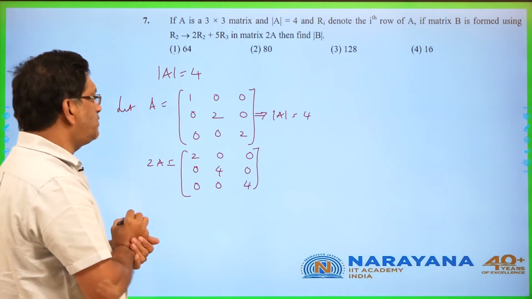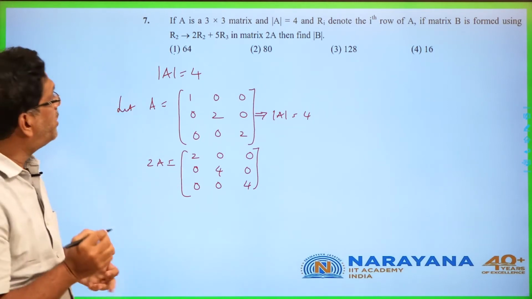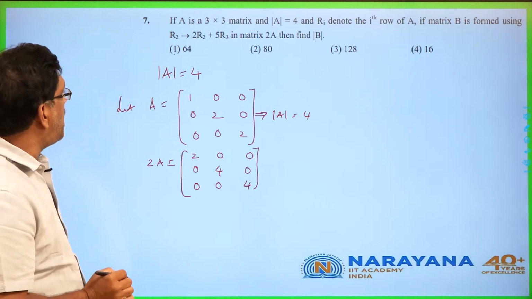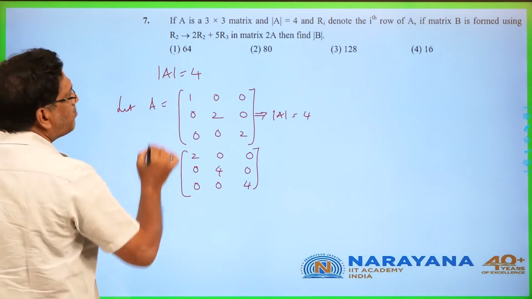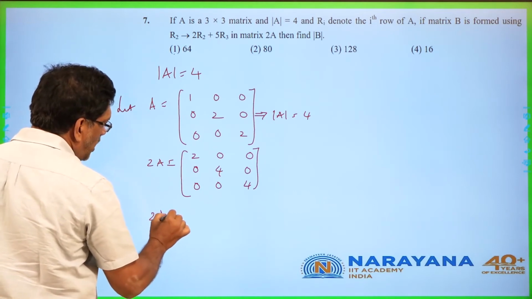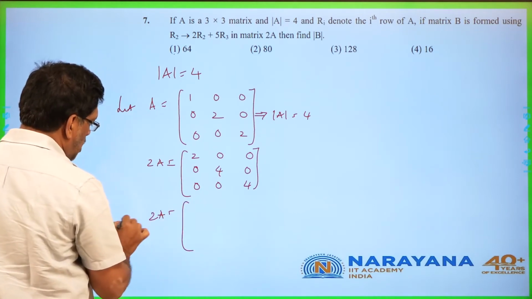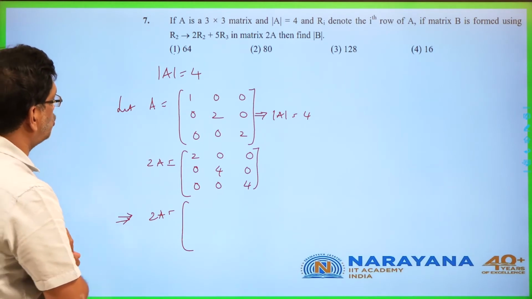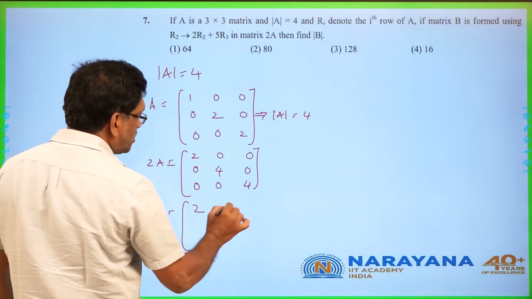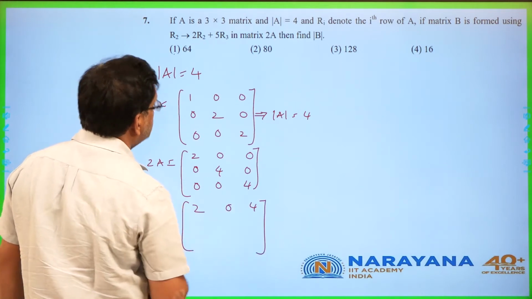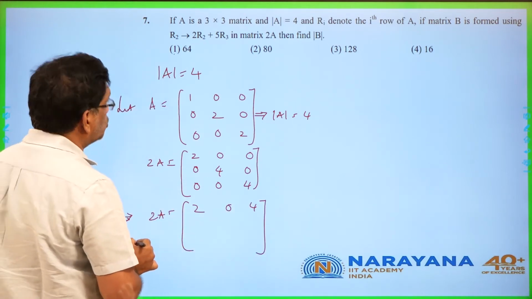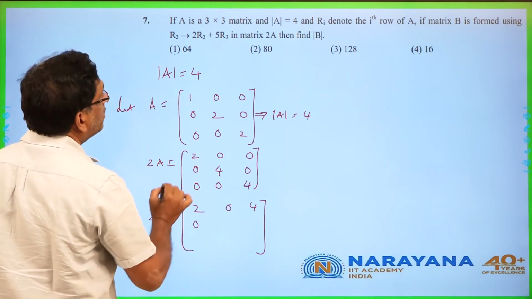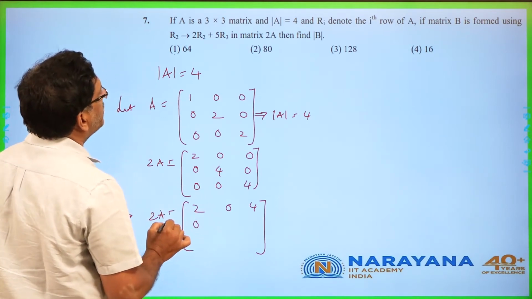He is calling this one, what is that? R2 will change like this in matrix 2A. So I am not at all writing 2A, your R2. Now this will change like this. So R2 is 2R2. So first keep like this only. 2R2 plus 5R3, 0. Right? And what about the next one?